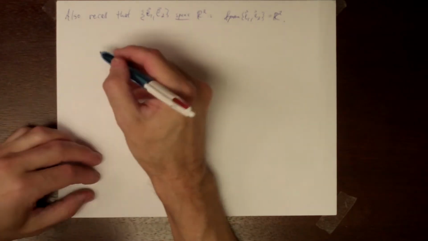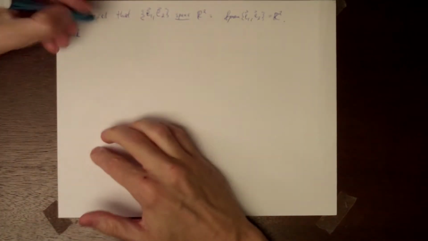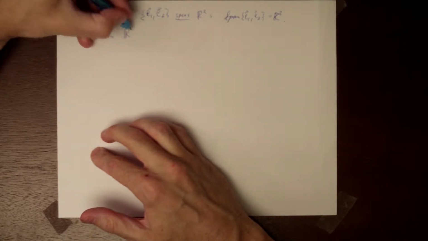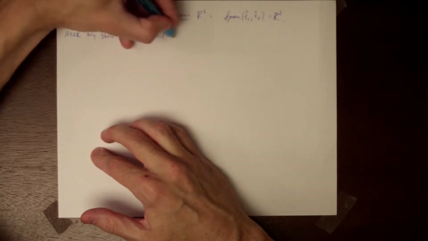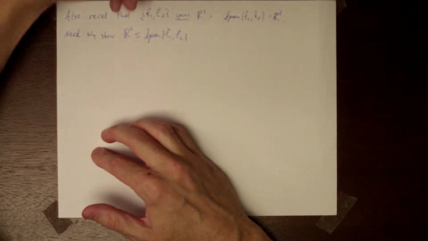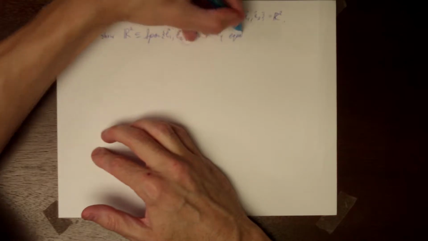So we need only show that R2 is a subset of the span of E1, E2 to verify equality.